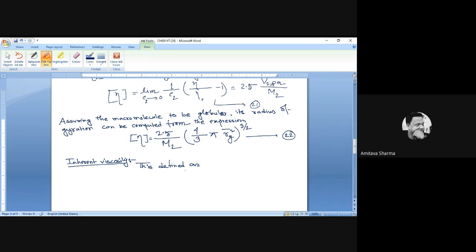Okay, then this is defined as inherent. Remember that it is inherent, INH.